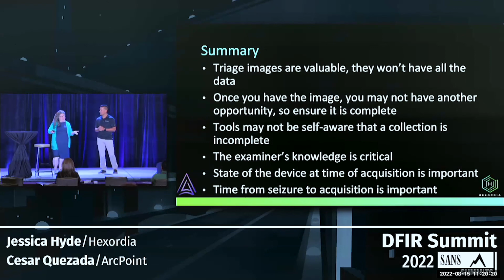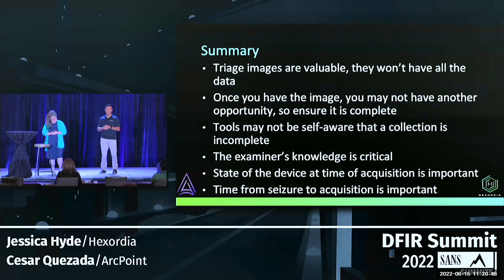At the end of the day, our job is not just to follow instructions as to how to acquire devices and to look at the data from the tools. Our job is to question what the tools are doing for us and see what might be missing. That is our role. Otherwise, we could all be automated out of our jobs, right? Let's be real. Our role is to figure out what else isn't there, what is new, what is missing.